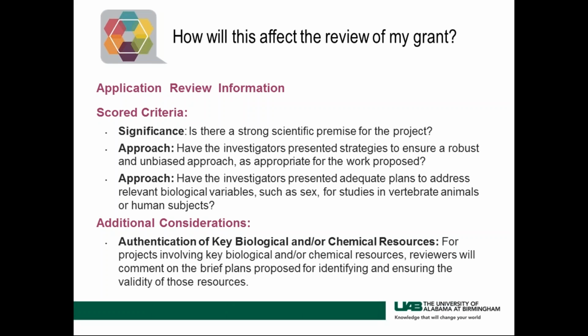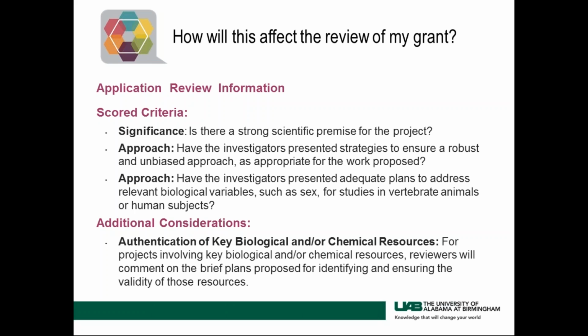Do all four apply to every grant or every scientific investigation? The answer to that question is a definitive no. I have plenty of studies where not all four of these things apply. But you need to be mindful, these are four questions you should keep in mind.